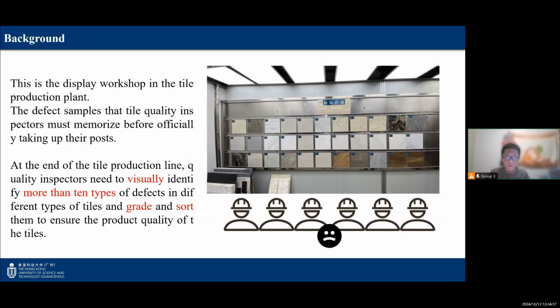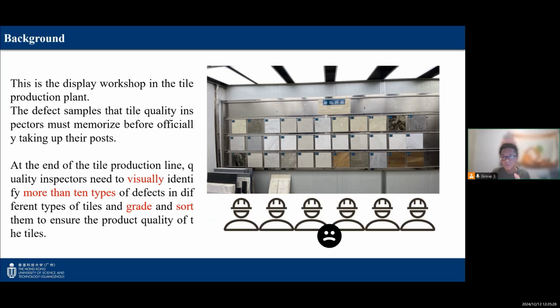Look at this photo. This is the display workshop in the tile production plant. These are the defect samples that the tile quality inspectors must memorize before officially taking up their posts. At the end of the tile production line, quality inspectors need to visually identify more than 10 types of grade defects in different types of tiles, and grade and sort them to ensure the product quality of the tiles.